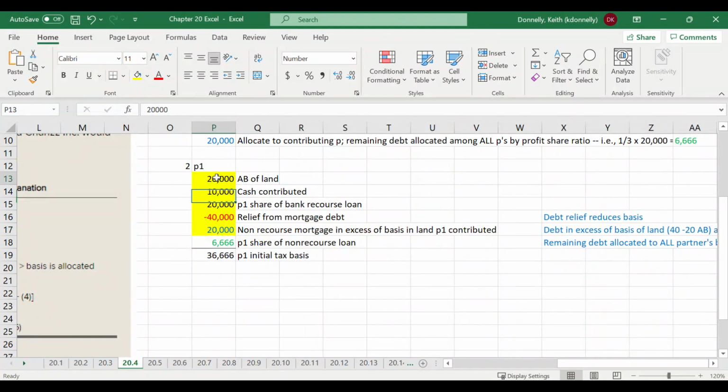So basically, the land that was contributed, the cash, their share of the partnership's liability, their relief from debt on the property they contributed. Then once that debt is in the business, we said to the extent the debt is in excess of the basis of the land, we have to individually allocate to the partner. And what's left over, we break out by profit sharing ratios.